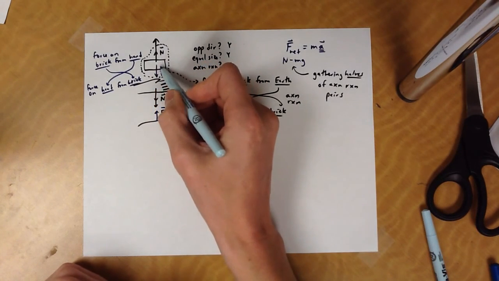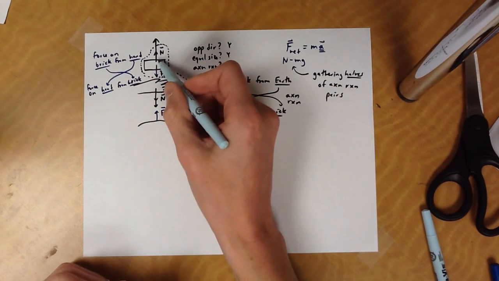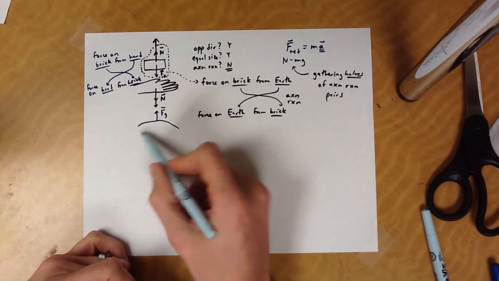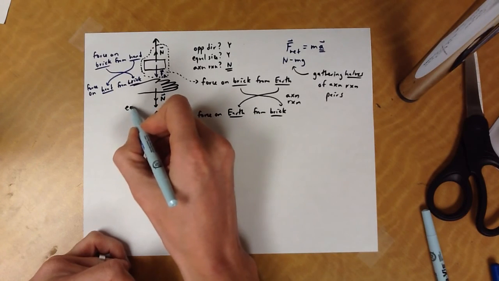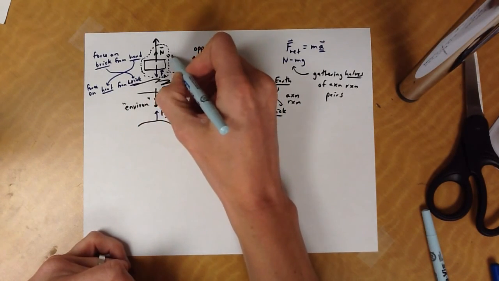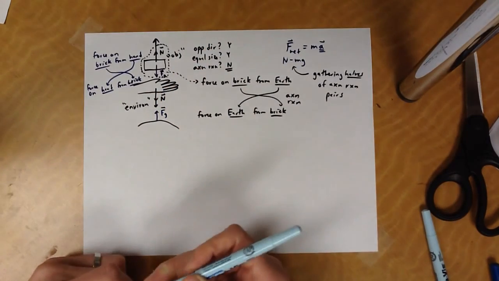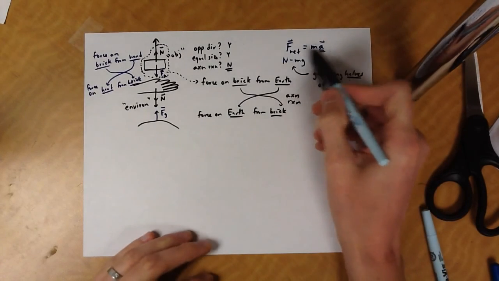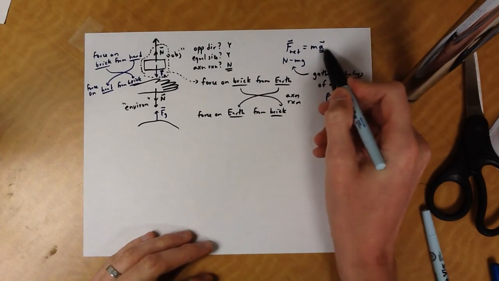This brick interacts with the hand, that's a part of the outside environment. This brick interacts with the earth, which you've classified as the environment. So this is your environment. And this is your object, your brick. That's basically an artificial distinction you've made because you're interested in how the brick behaves. You're interested in finding out how it accelerates because of the outside world.